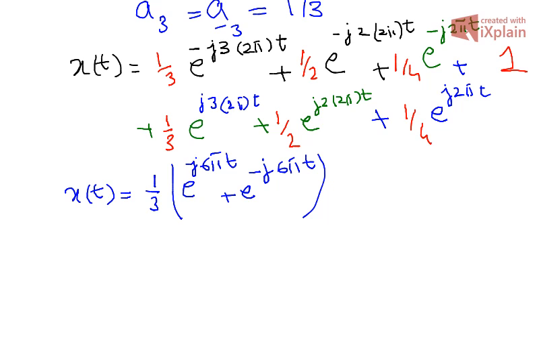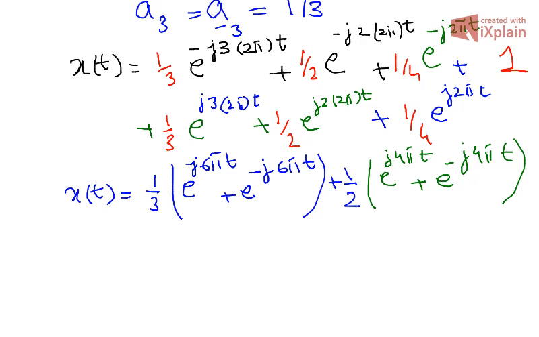This is the term from these two. Similarly, I can combine the other two by taking 1 over 2 common. So you will have e raised to the power j 4 pi t plus e raised to the power minus j 4 pi t.